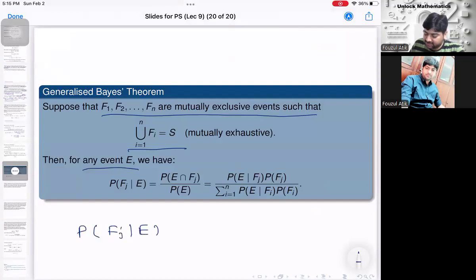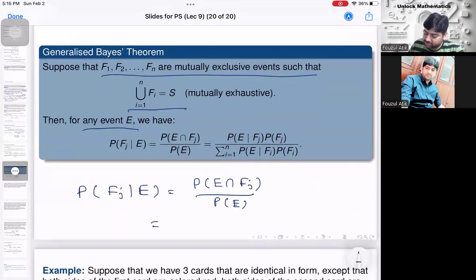given E is equal to, from the conditional probability definition, and then we can apply the multiplication rule in the numerator.